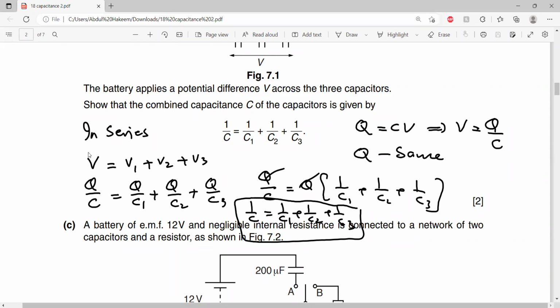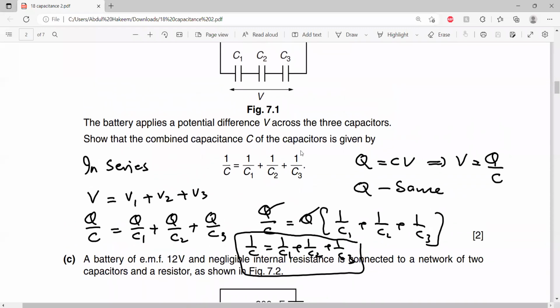So we will replace V with Q by C. This is Q over C1 plus Q over C2 plus Q over C3. So all the Q's cancel because the charge remains the same. So the final shape of the formula will be 1 over C equals 1 over C1 plus 1 over C2 plus 1 over C3. So this is the formula when the capacitors are connected in series.